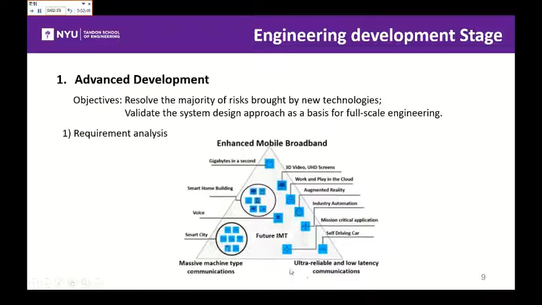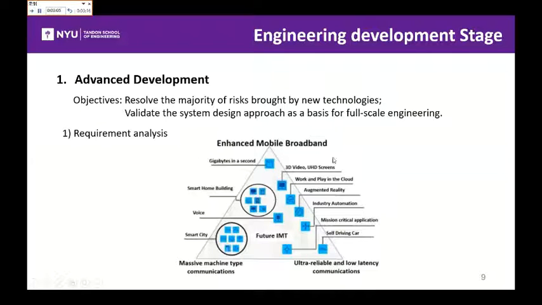And the last is ultra reliable and low latency communication. This feature will enable many real-time applications, such as video conferencing, voice over IP, and self-driving car, and also some virtual reality games or some applications.